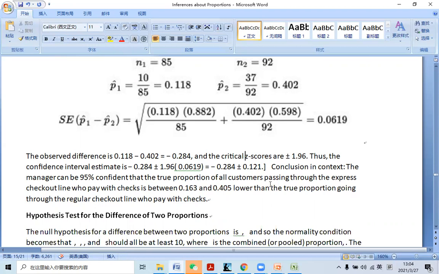So if you get the calculator here, 0.05 divided by 2, 47.5%, 47.5% on each side.